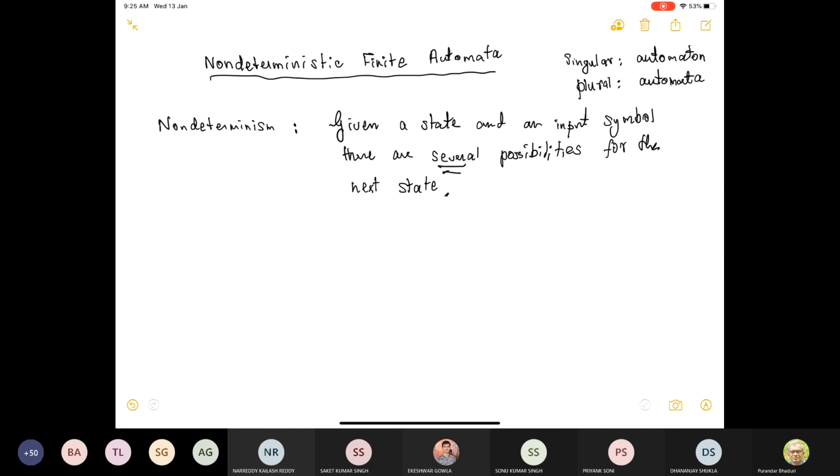Okay, so that is what we mean by non-determinism. You can think of non-determinism in two ways, and this is the intuition.